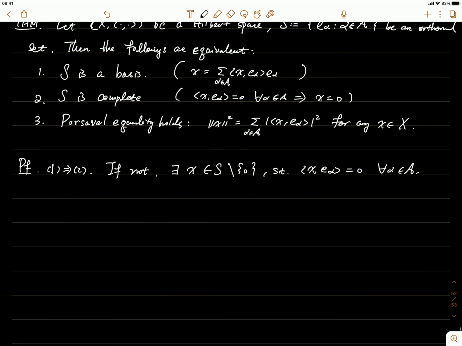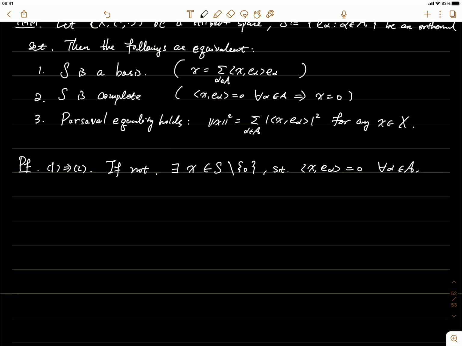Since S is a basis, we can rewrite x as a linear combination of the basis with these coefficients.